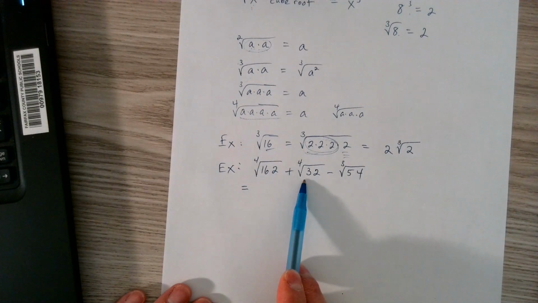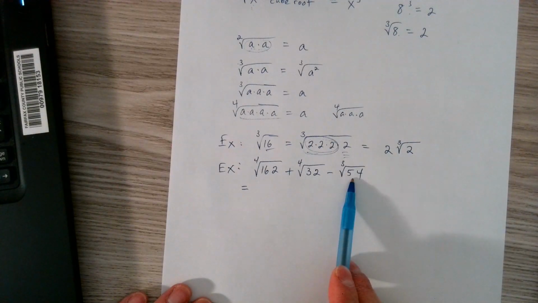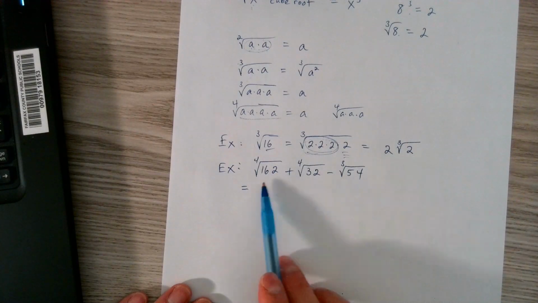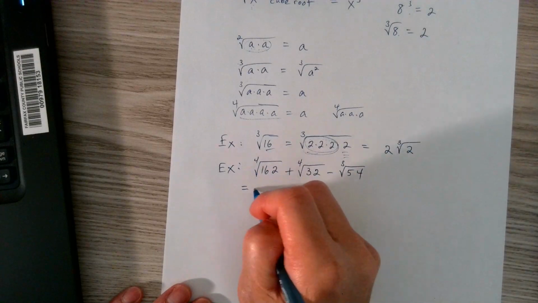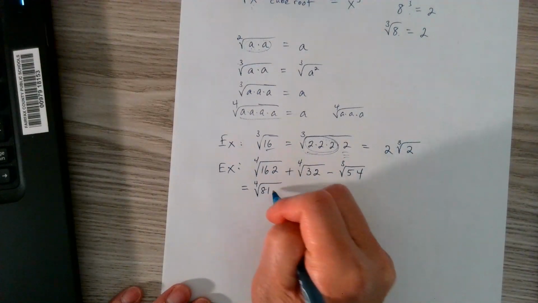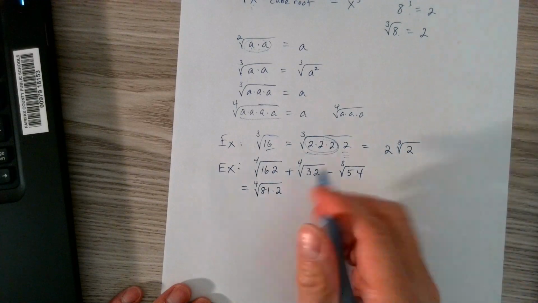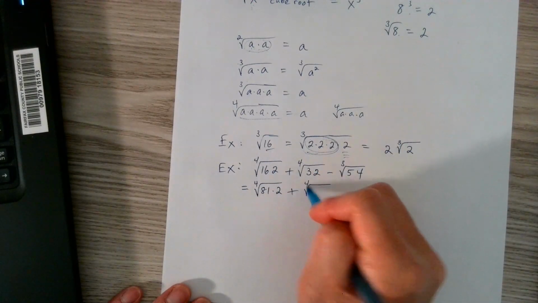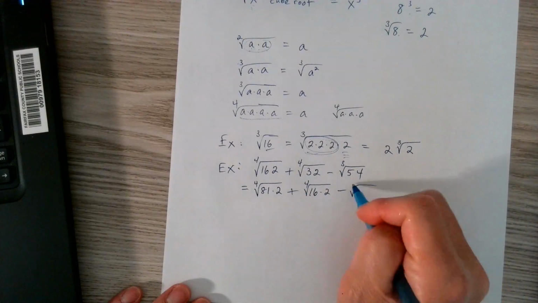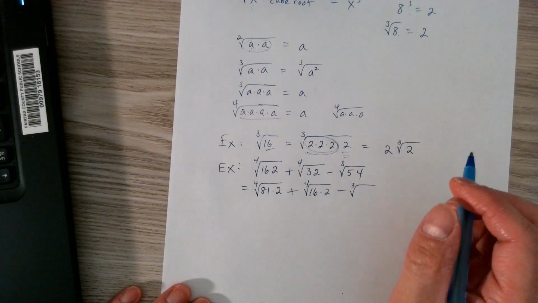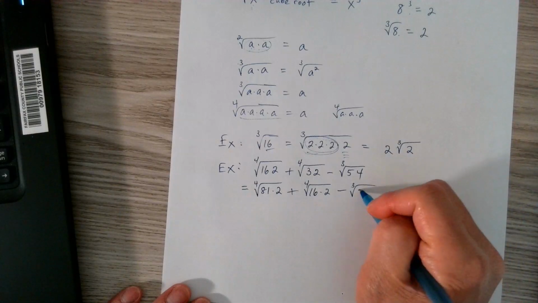In 32, again, I'm hoping I have 4 identical factors. From 54, I'm hoping there's something with 3 identical factors because we're in cube root. So 162 is 81 times 2. 32 is 16 times 2. And 54 is 27 times 2.